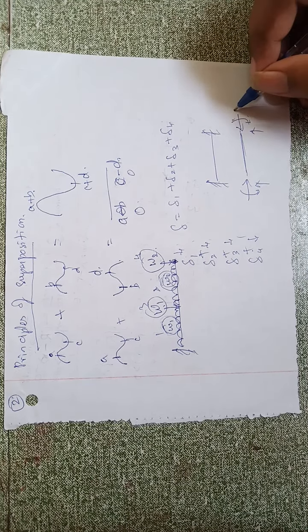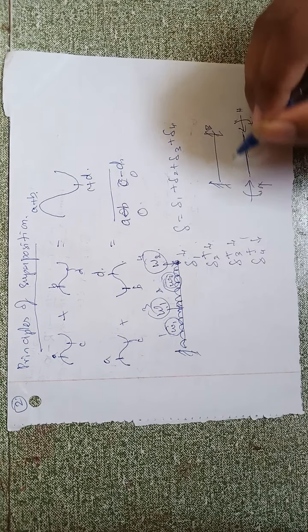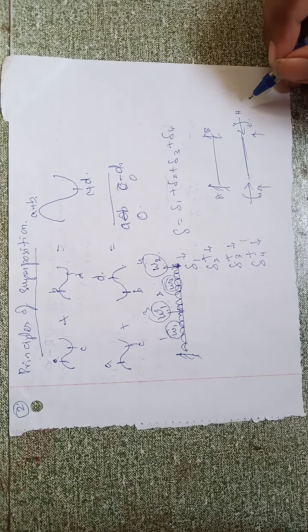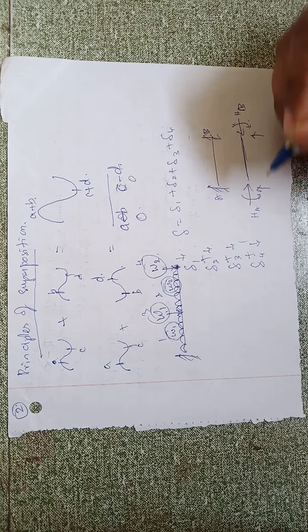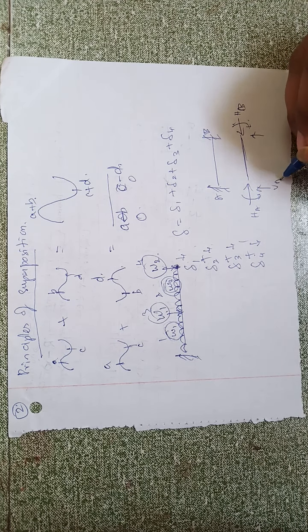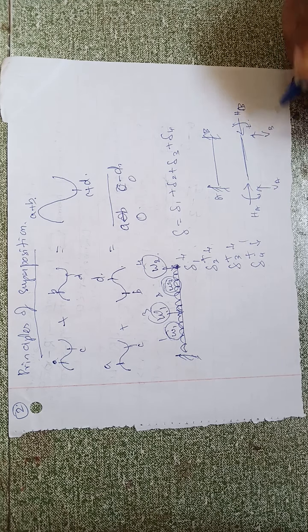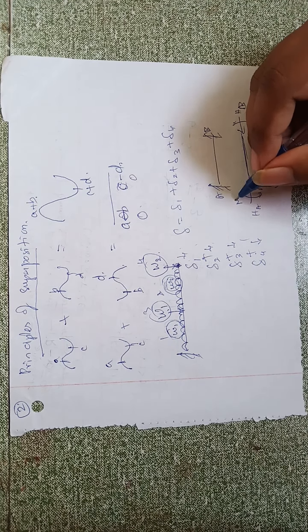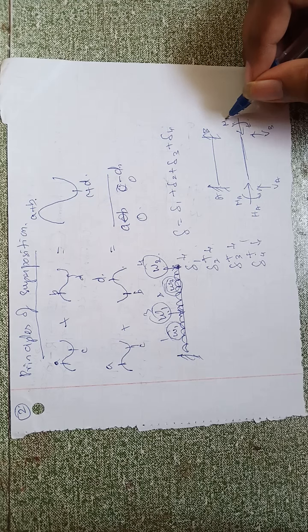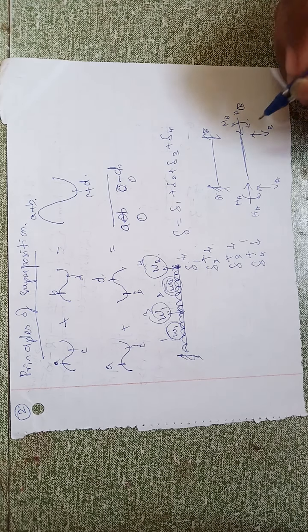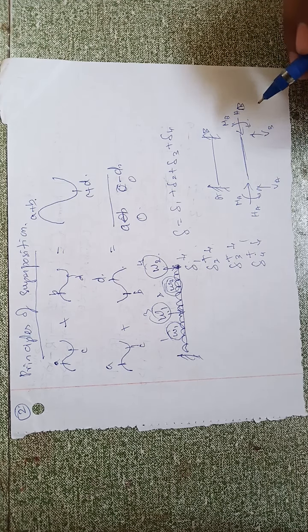So here, for B and A, it is HB, HA, and here it is VA, this is VB, and this is MA, and this is MB. So you can see that these are the forces.